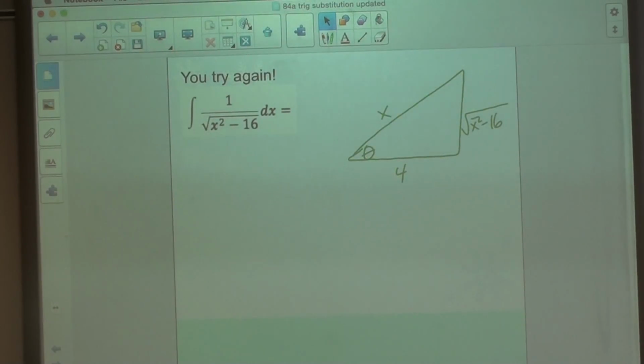What's the integral of secant theta? The integral of secant is natural log of secant plus tangent. Natural log, absolute value of secant plus tangent. And is it positive? Yes.